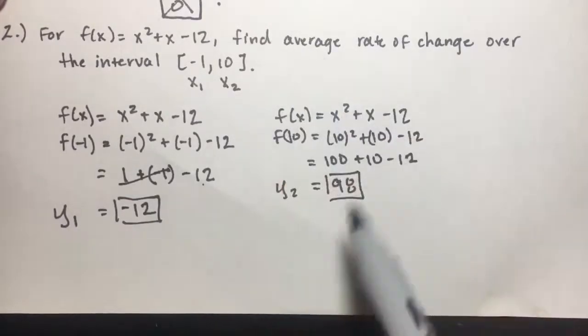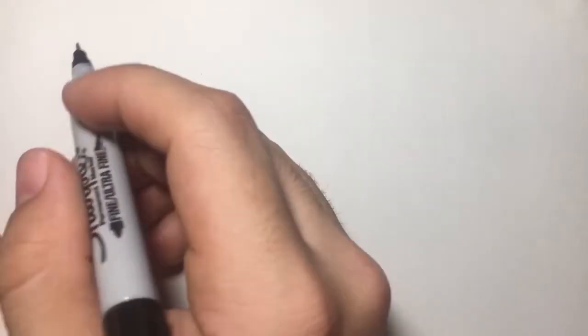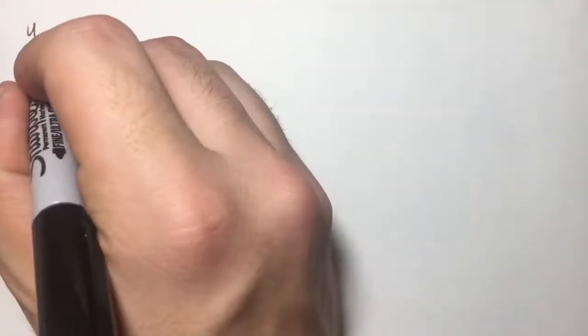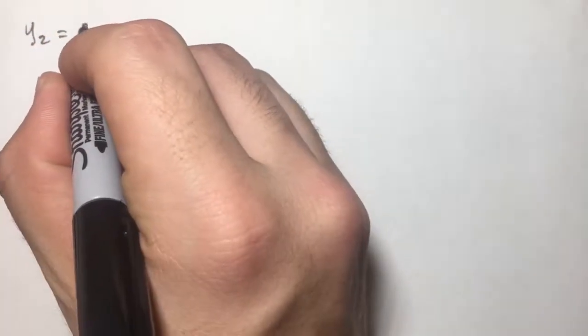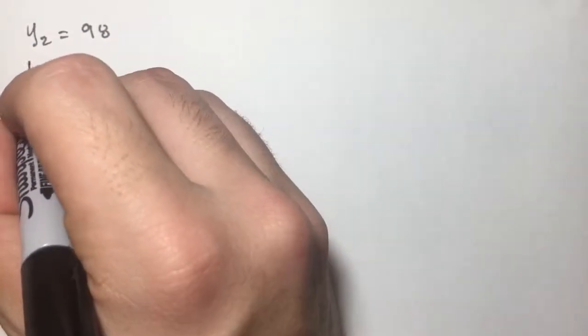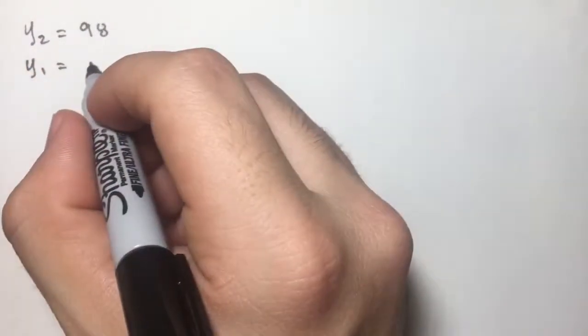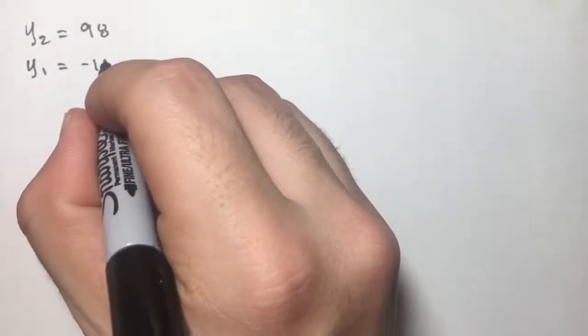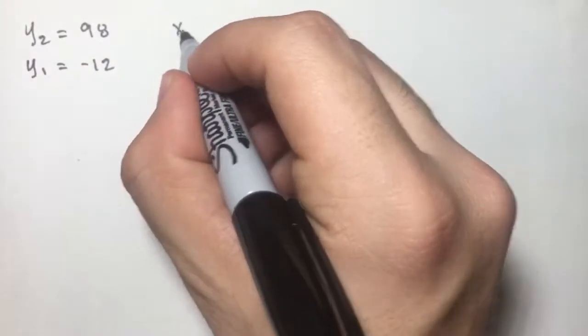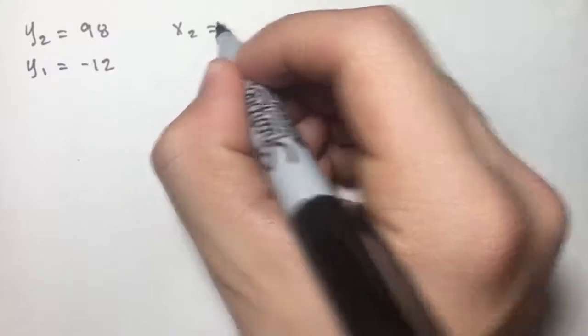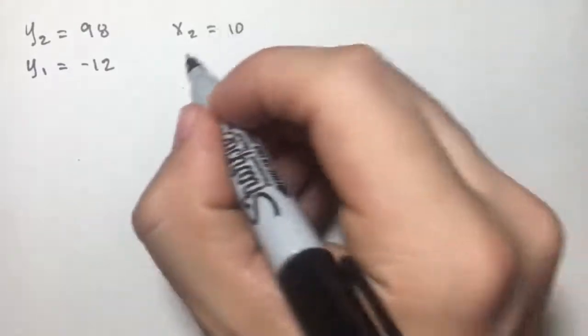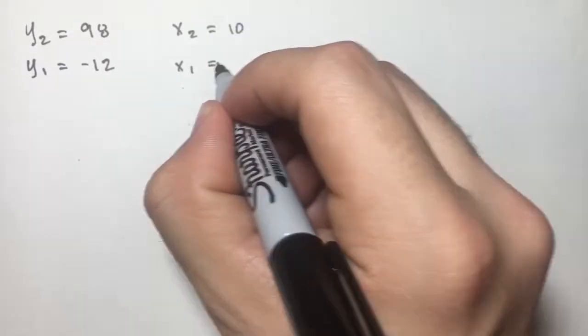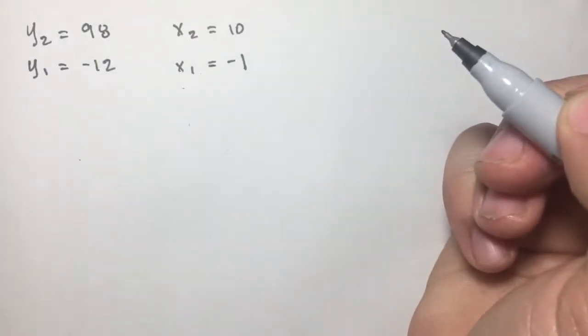Now we're looking for the average rate of change. Alrighty guys, I was starting to run out of room, but anyways, so we found that our y2 value was 98, our y1 value was -12, our x2 value was 10, and our x1 value was -1.